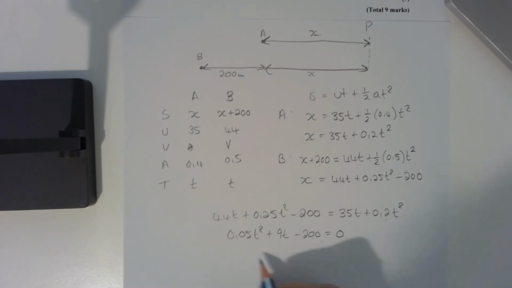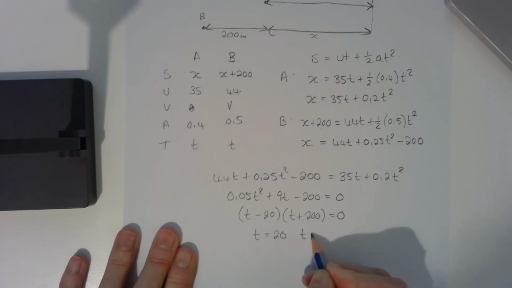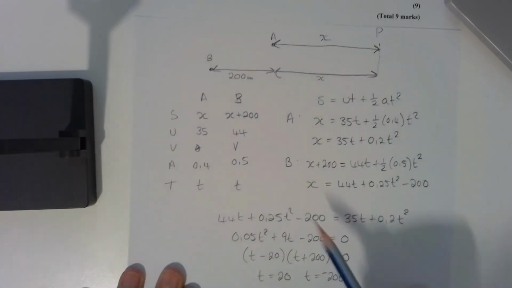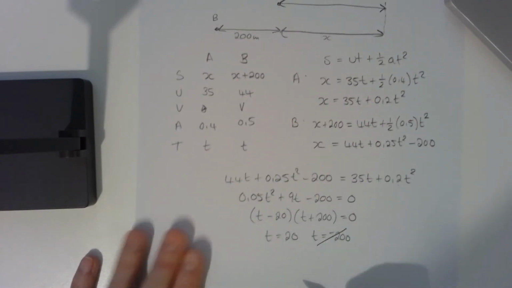And you can either factorize that. It does factorize. You probably want to do a little bit of fiddling around beforehand. So you've got t minus 20 and t plus 200, or use your calculator to solve it. So t equals 20, because t equals negative 200 is basically before the time of the journey.